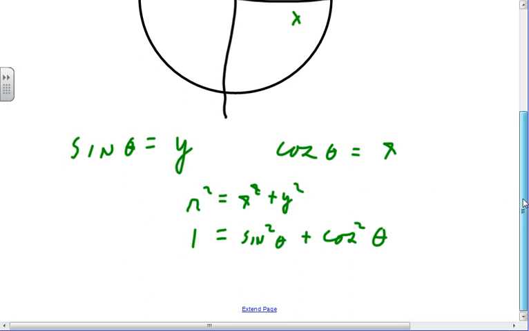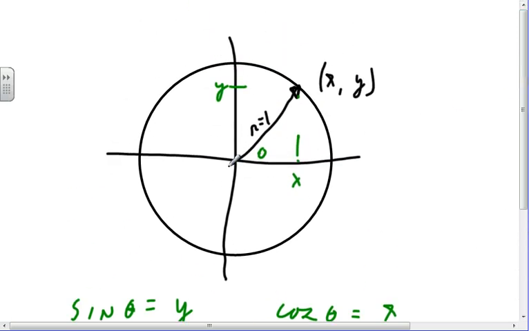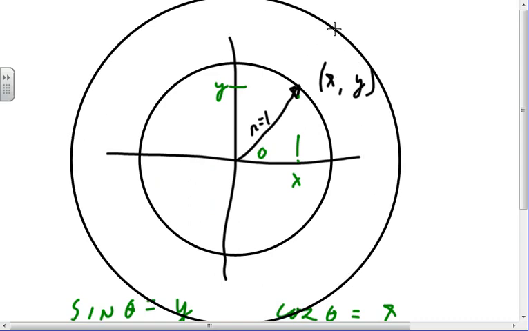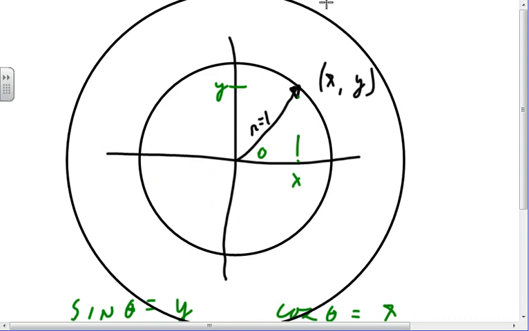So now, does it matter whether I have a unit circle or whether my circle is bigger than that, like out to there?